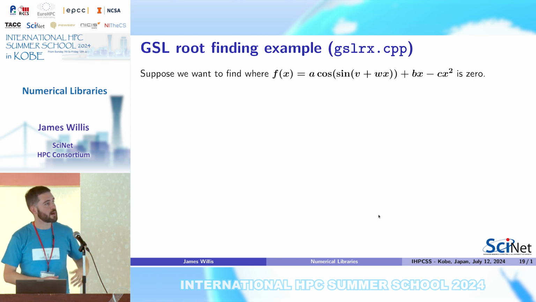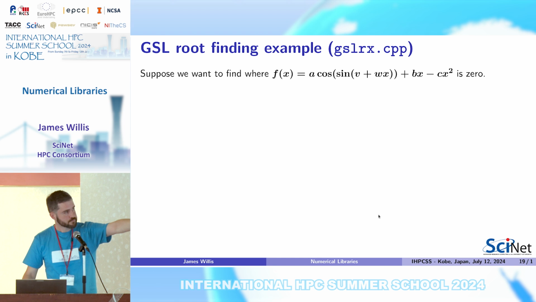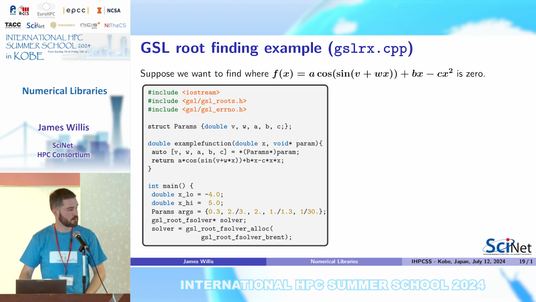So imagine we want to find the root for where this equation is equal to 0. This just has a series of trigonometric functions and some quadratic terms in our function here. If we want to use GSL, we first have to set up our code such that the code knows what interface to use in GSL.